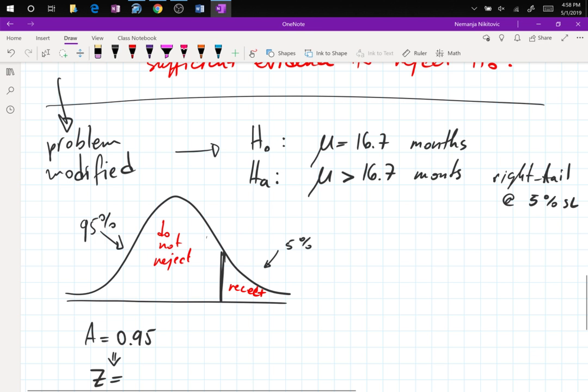There we go. So as you can see, you have a little picture on the z-score chart here that shows that all of this stuff is shaded, and then you're looking for 0.95.